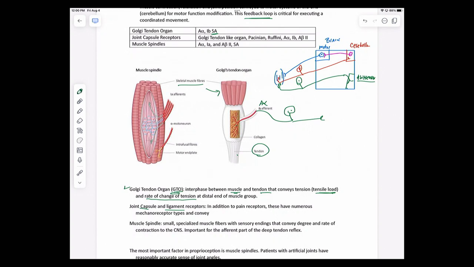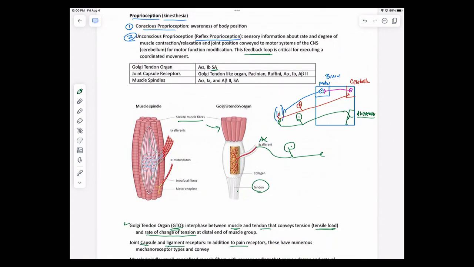That's not the only innervation of joint capsules and ligaments. Obviously, you have lots of free nerve endings for pain and such, but the focus here is just basically the innervation that's going to communicate back from joints and ligaments around the joints back to the central nervous system. So what you have is a Golgi tendon-like organ.